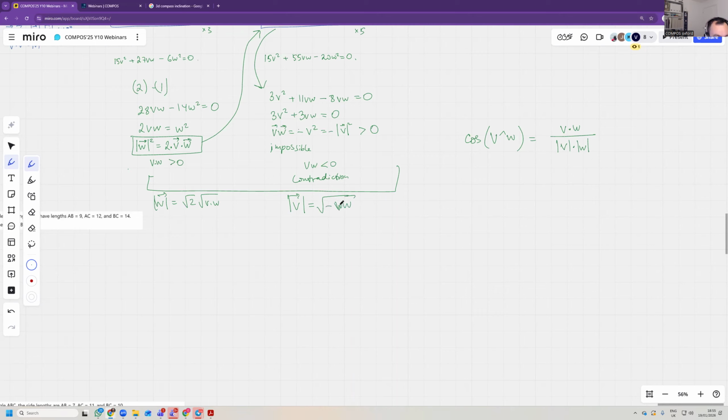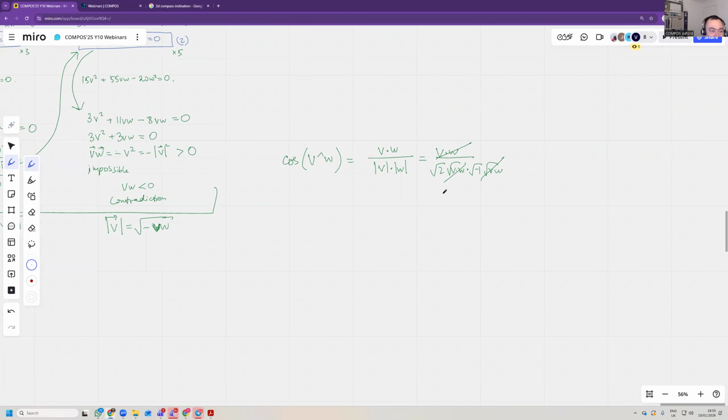It's obviously impossible. You can't have a root of negative number. And then you just put that into here. You got V times W divided by square root 2 square root of V times W times square root of negative 1 square root of V times W. VW cancels out, and you get cosine of the angle between V and W is equal to some number, and that angle is some angle.